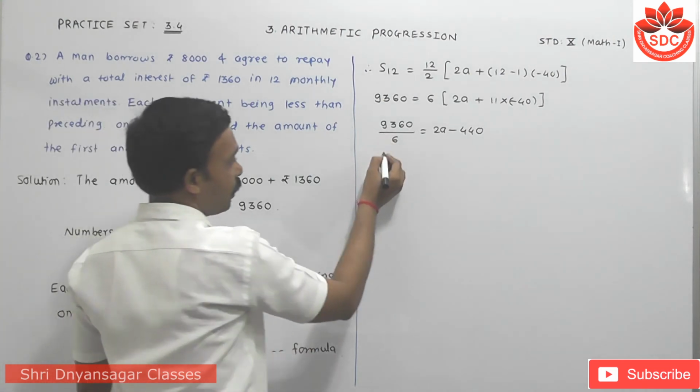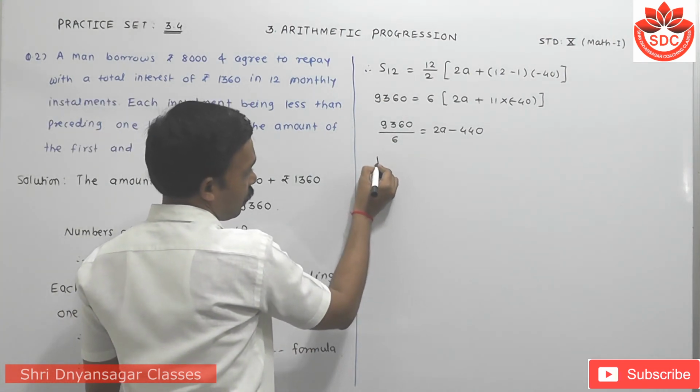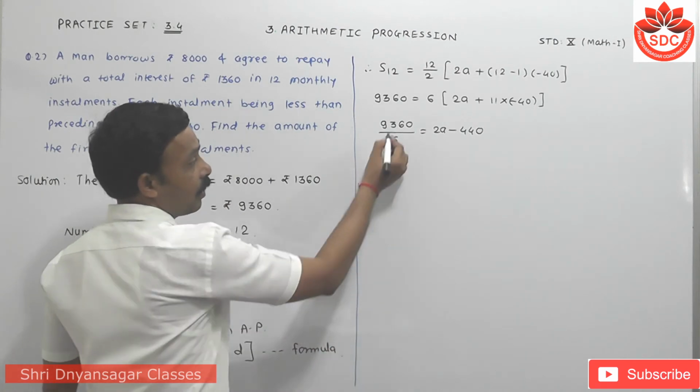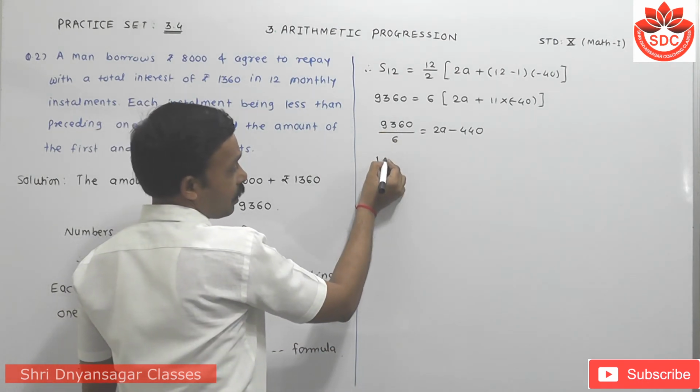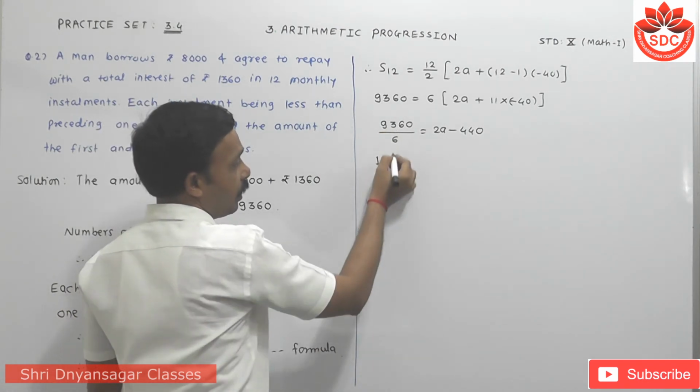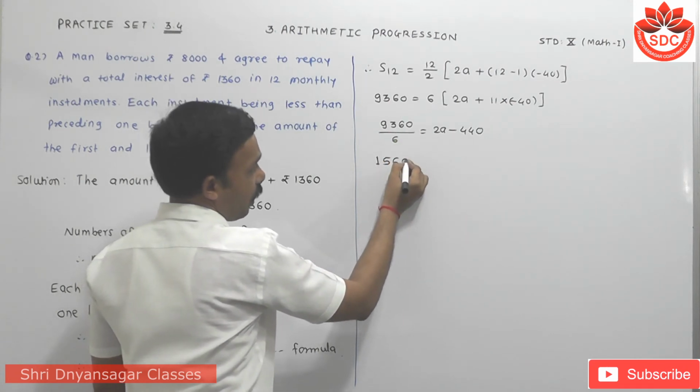Then the simplification of this one: 6 ones are 6, 6 3s are 18 carries 1, 6 5s are 30 carries 3, 6 6s are 36 and 0 as it is.